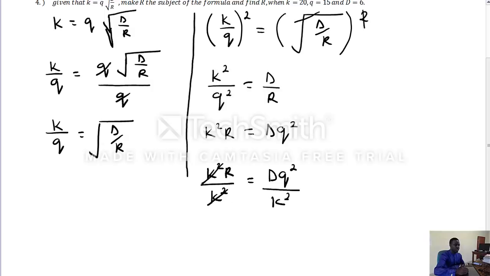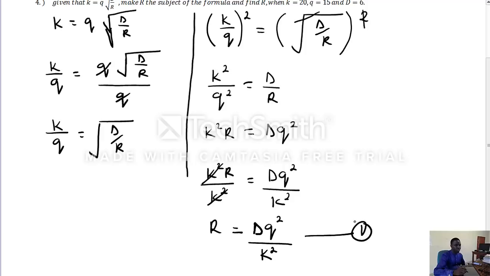K squared is going to cancel K squared, leaving us with R equal to DQ squared divided by K squared, as R is made the subject of the formula.